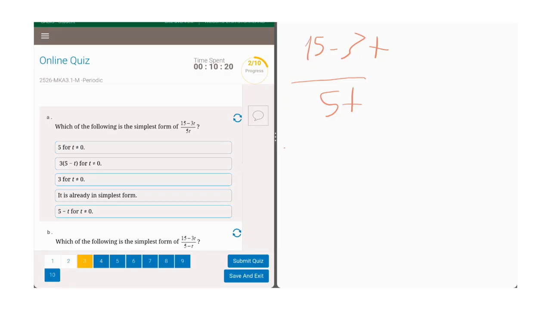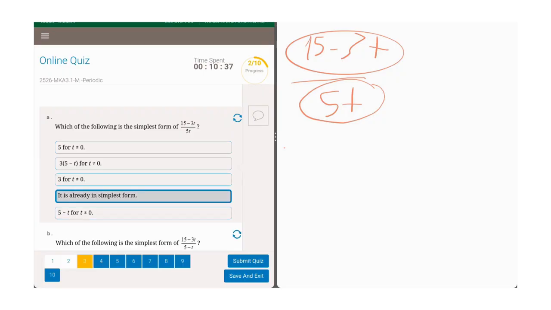So in this case, we cannot factor it because they're being subtracted. It's one block, not separate blocks. These are one block because they're being subtracted, which means that it's already in simplest form. We cannot simplify it anymore.